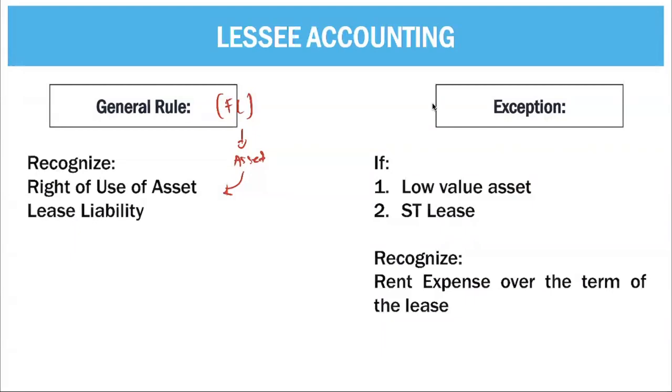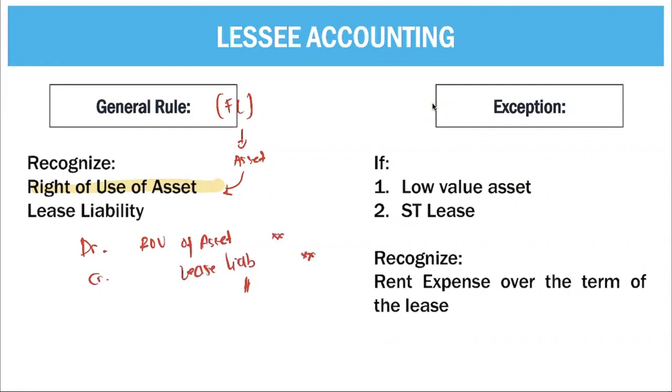So the time you enter into a lease, for the lessee, take note the lessee is the one who rents, once you enter into a contract of lease, you need to recognize these two items, the right of use asset and the lease liability. Take note, since we are using finance lease, we are to recognize an asset. What do we call that asset? Right of use asset. So generally, you enter on your books a debit to right of use asset and a credit to your lease liability.